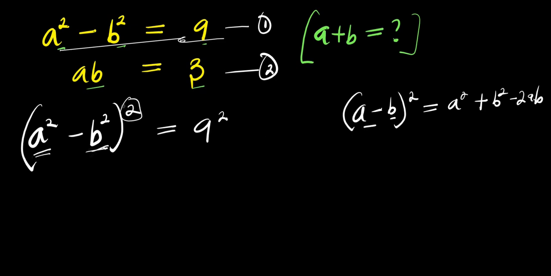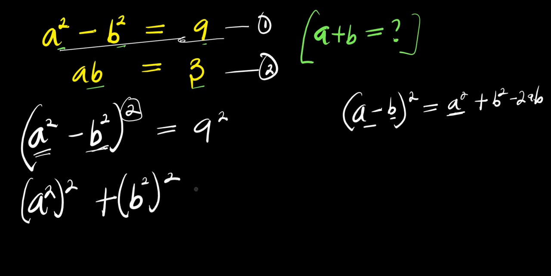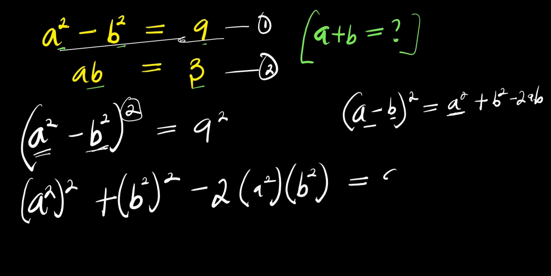So to take the squares of this means we are going to have a squared to the power of 2 plus b squared to the power of 2 minus 2 times a squared times b squared equals 9 squared.